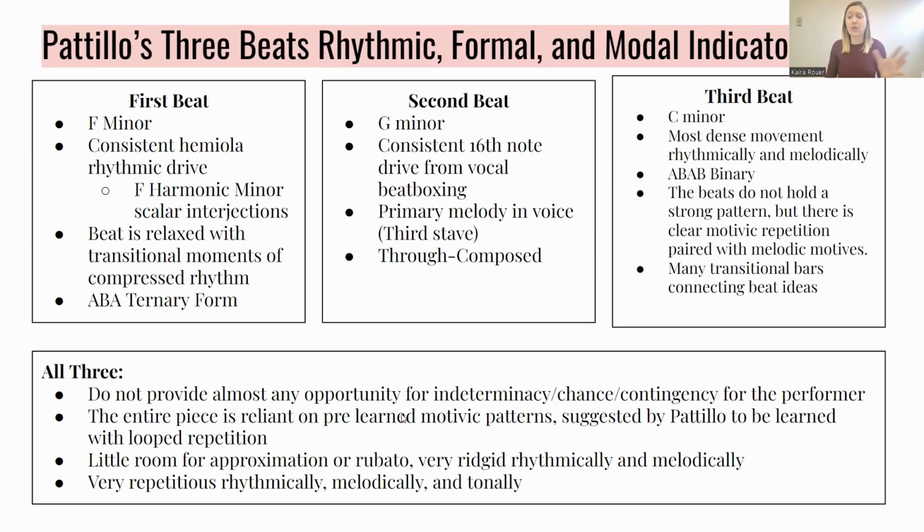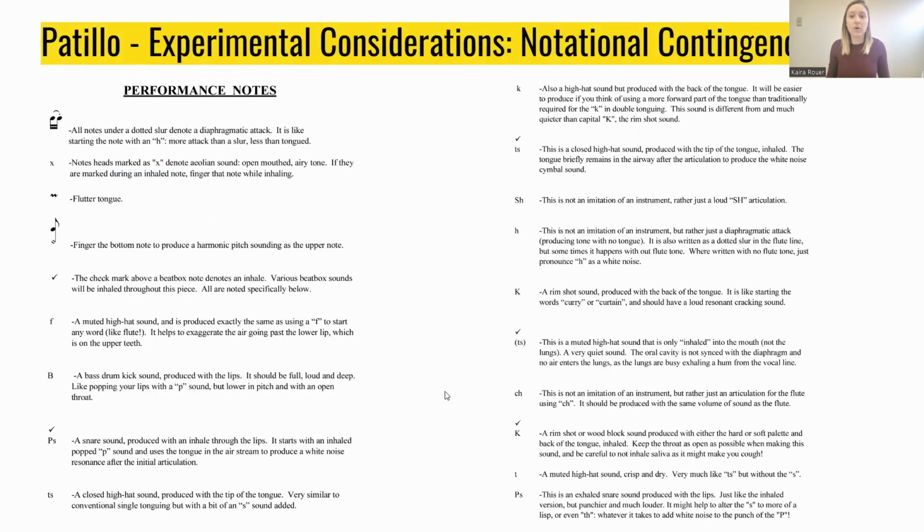And it's also all three are very repetitious with the beat, but that's a common trope for hip hop, just like we saw with Robert Dick's use of standard techniques in blues. So one of the biggest experimental considerations of Patillo's work is his notational contingency.